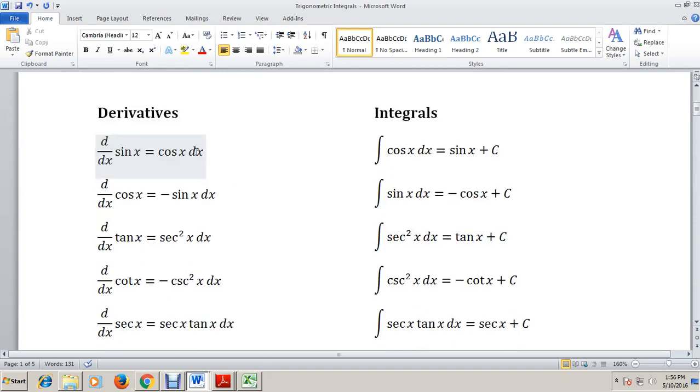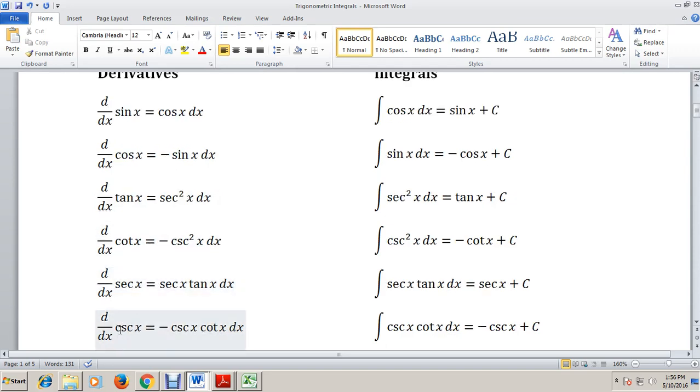Also, for this topic, we need to have the list of the derivatives and the corresponding integrals that we already know regarding trigonometric functions. Okay, so in the list of our derivatives, we already know this part. Derivatives of each of the individual trigonometric functions. So we have derivative of sine, cosine, tangent, cotangent, secant, and cosecant.